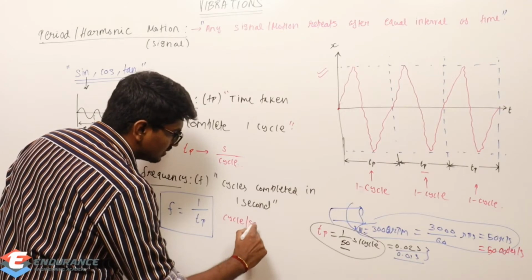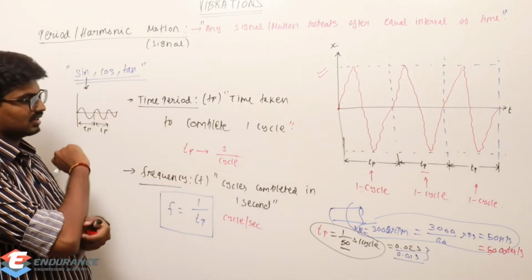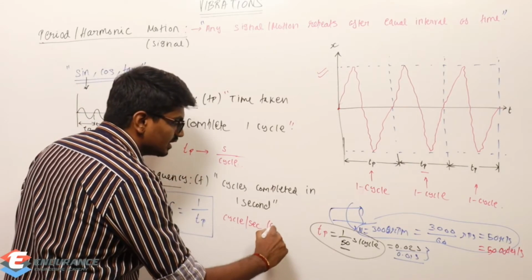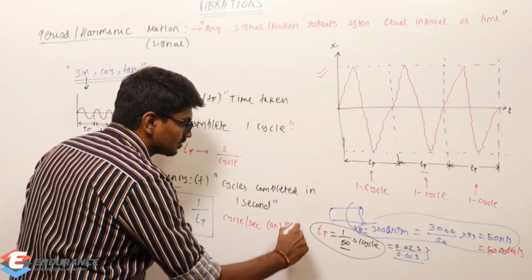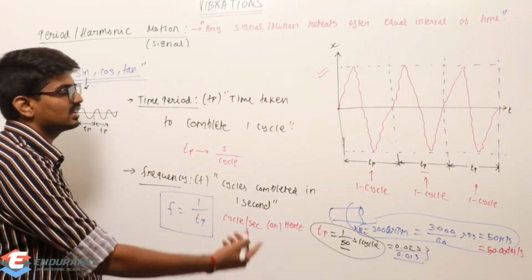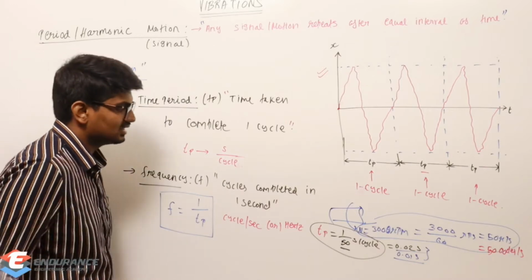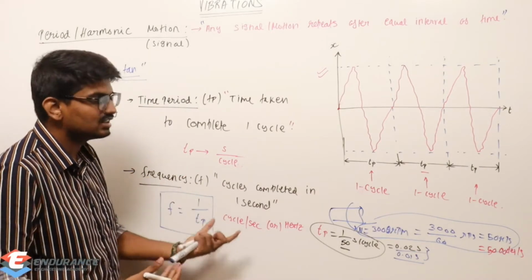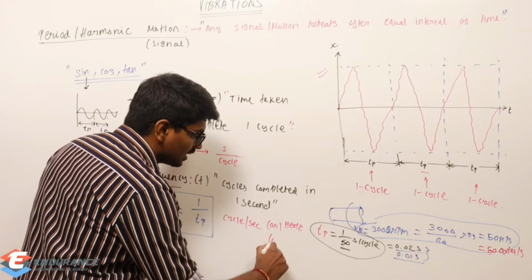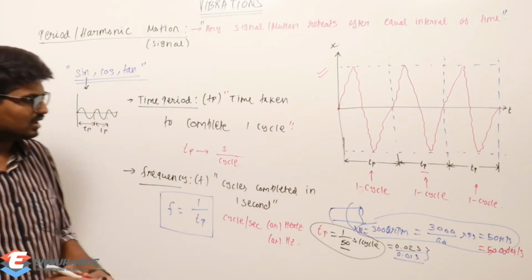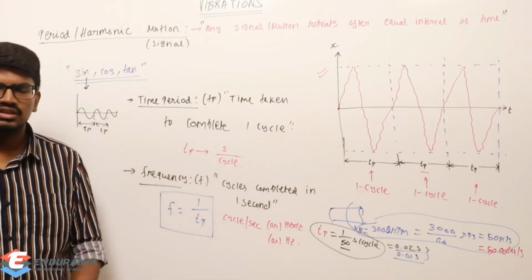So the unit is cycles per second, which is called Hertz, the researcher's name itself. Since frequency is a term formulated by him, just to honor him, we name cycles per second as Hertz. Hertz, Hz. You can write it fully, or simply represent it with Hz.